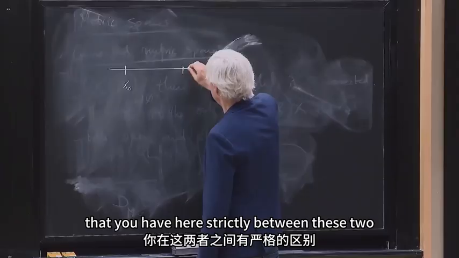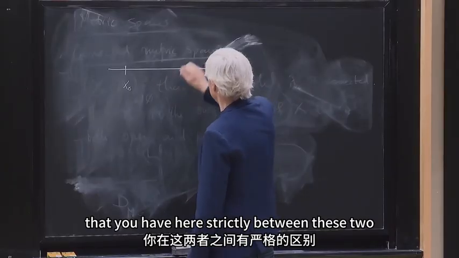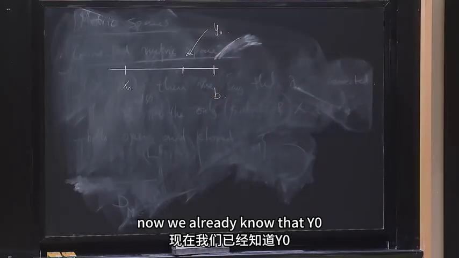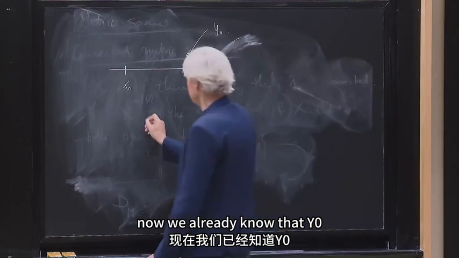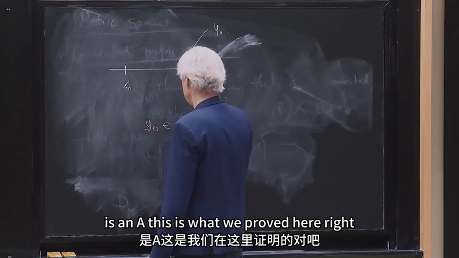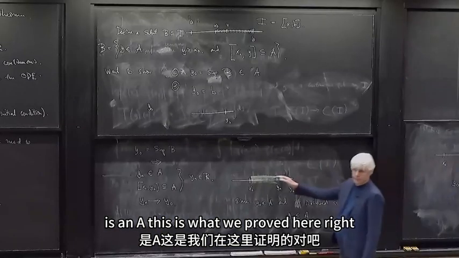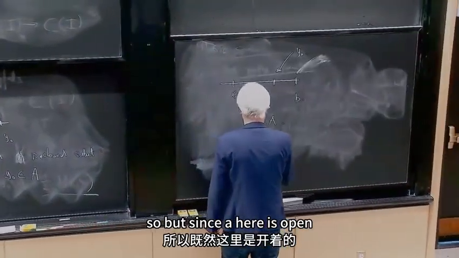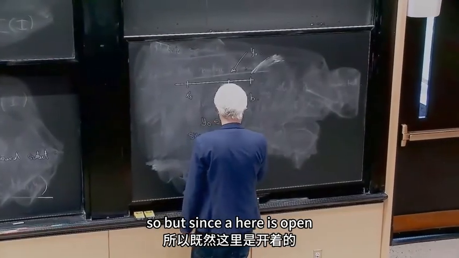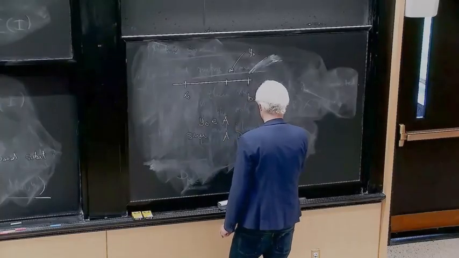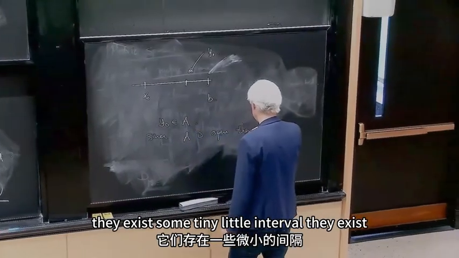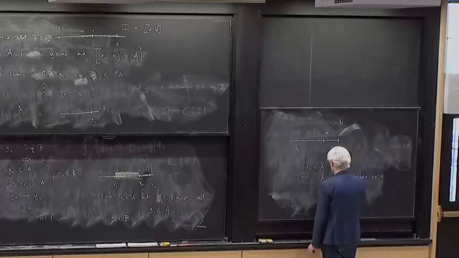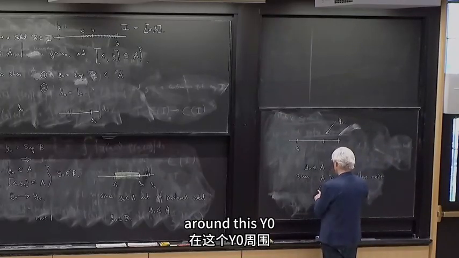Suppose that you have, strictly between these two, this here, which is y0. Now we already know that y0 is in A. This is what we proved here. But since A here is open, there exists some tiny little interval around this y0.